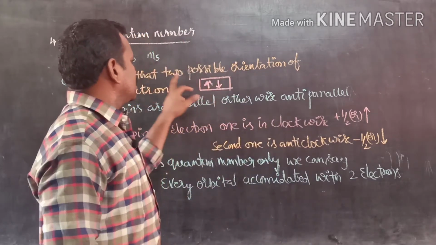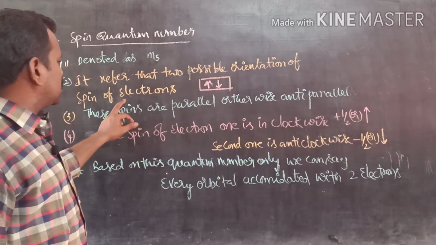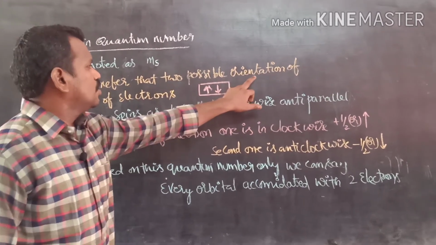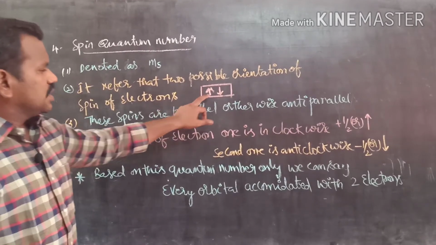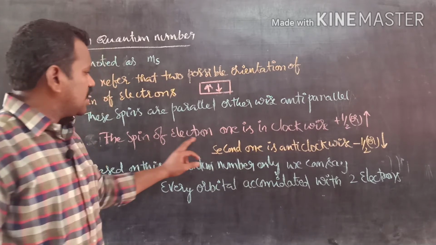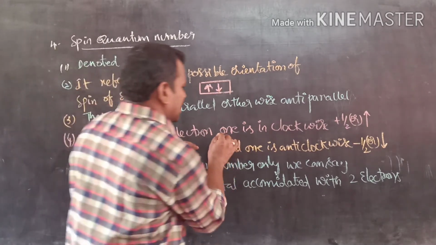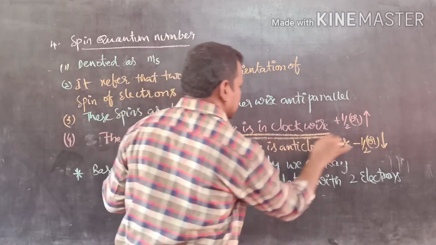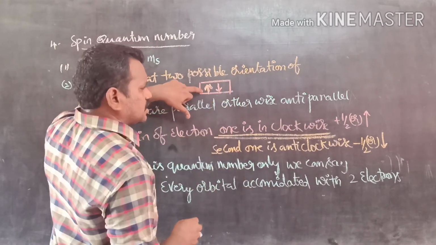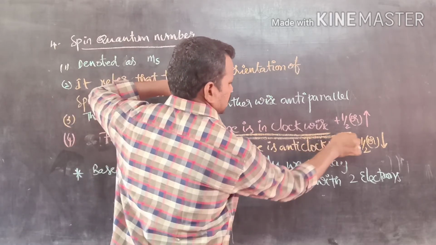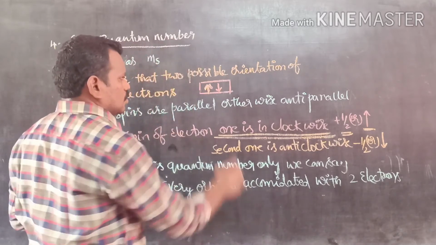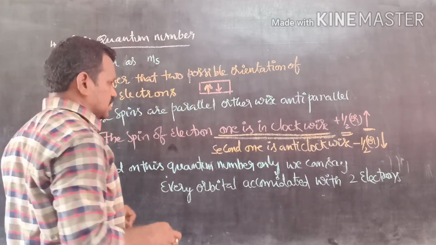So every orbital is associated with 2 electrons, whose spins may be parallel or anti-parallel. For example, if this electron is in the clockwise direction, it is represented with plus half, or an upward arrow. For that sake we represent it like this.